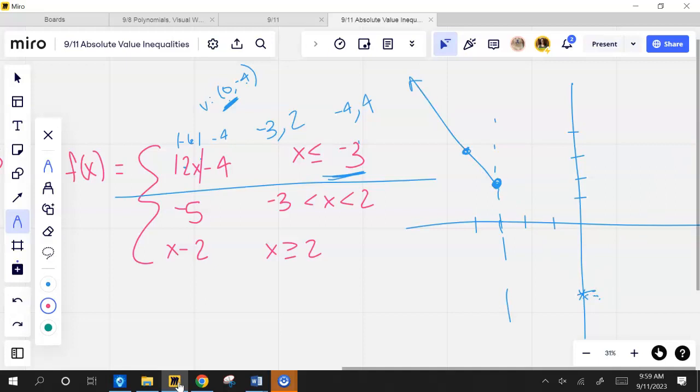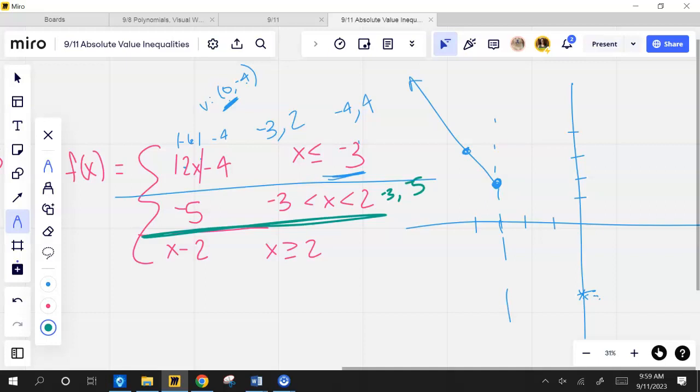All right, then I have y equals negative 5 between negative 3 and 2. So when x is negative 3, what's y? Y'all can do this. Negative 5. No matter what x is, y is always negative 5.